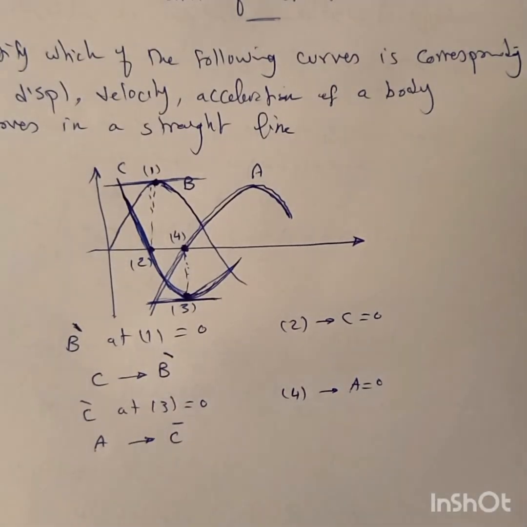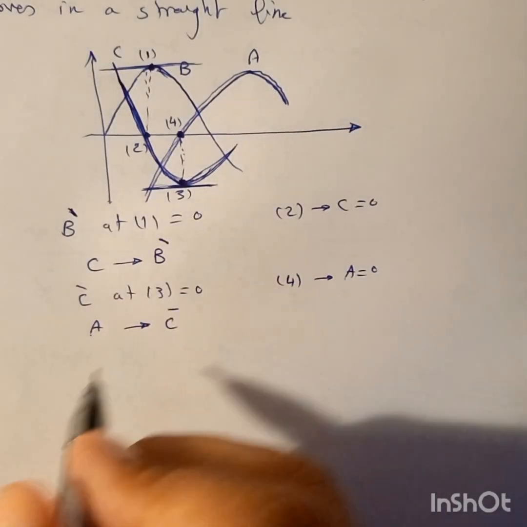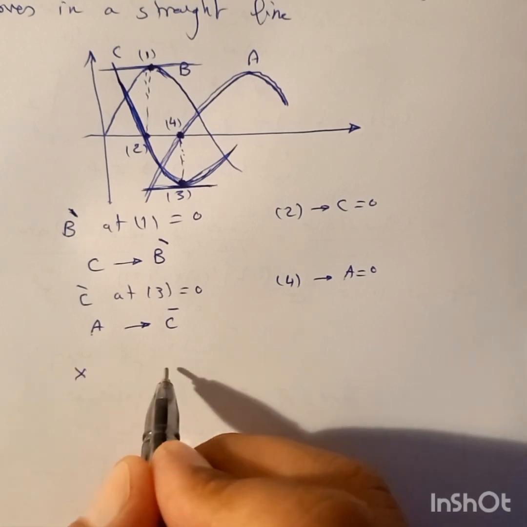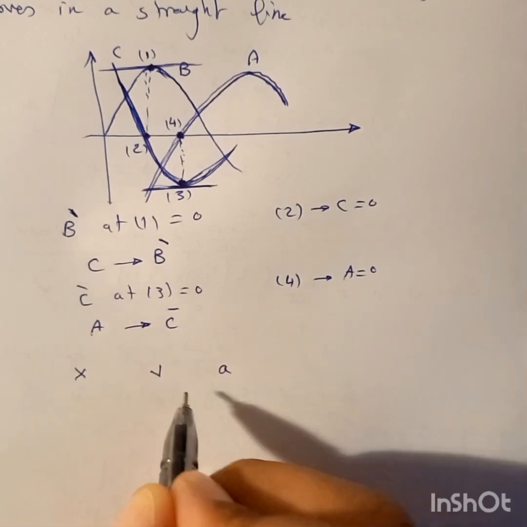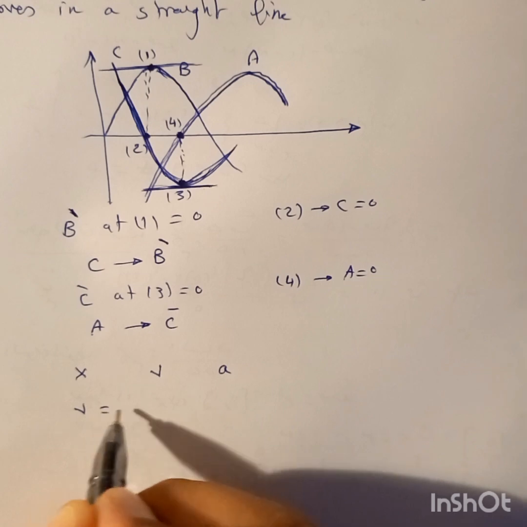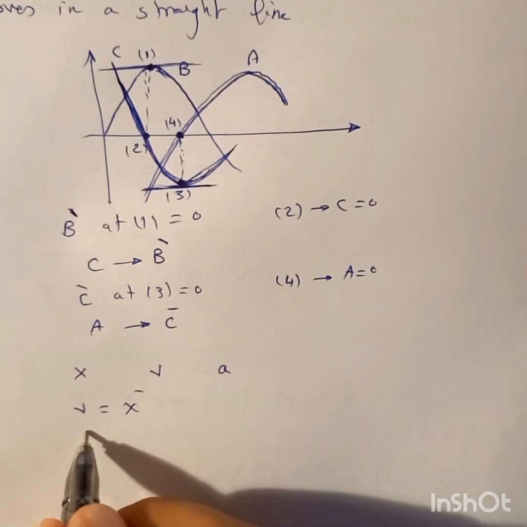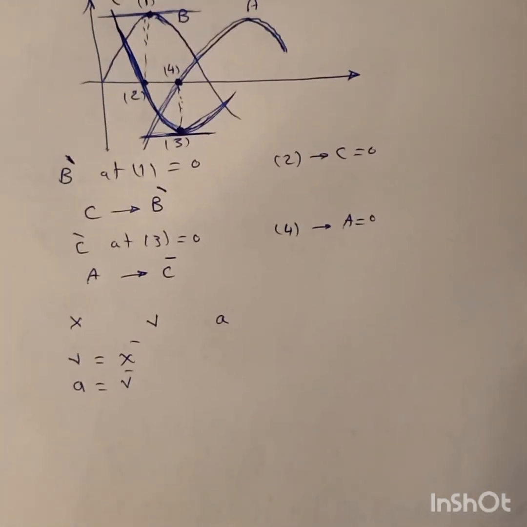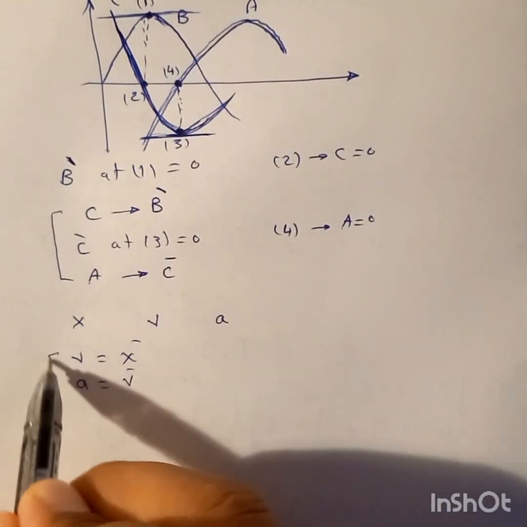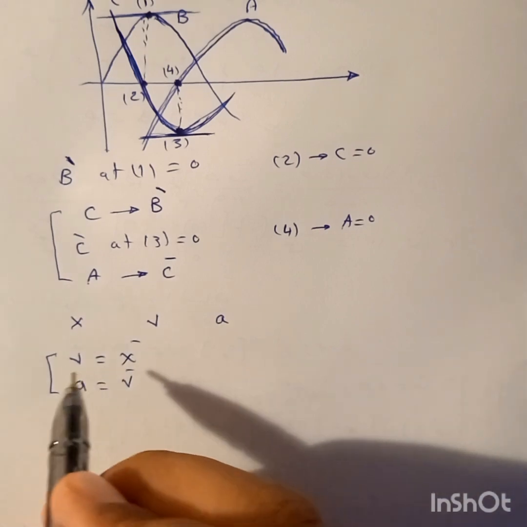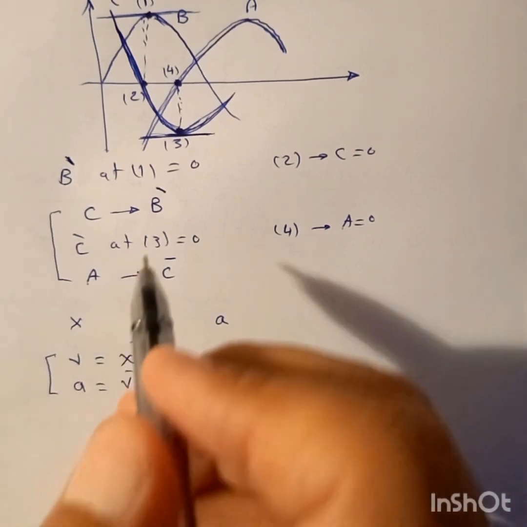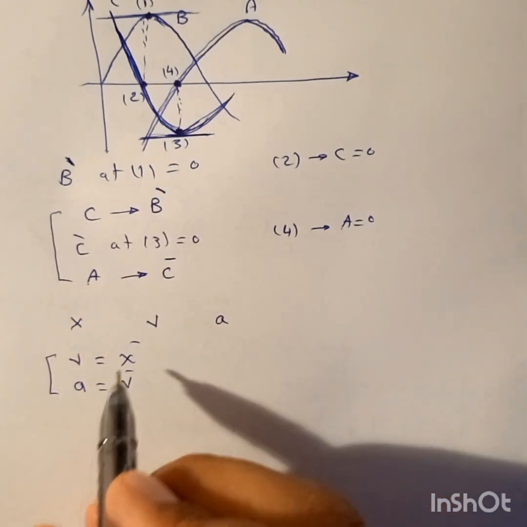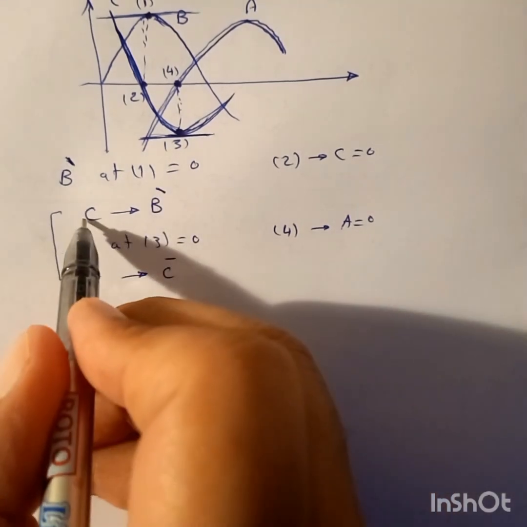This is the second step. Also, as we have three quantities, displacement x, velocity, and acceleration, we have v equals x dash, and also a equals v dash. Acceleration is the first derivative of v. Now we can compare between this result and this one. Here we have v equals x dash, and also C is B dash, and a is v dash, and we have C dash.